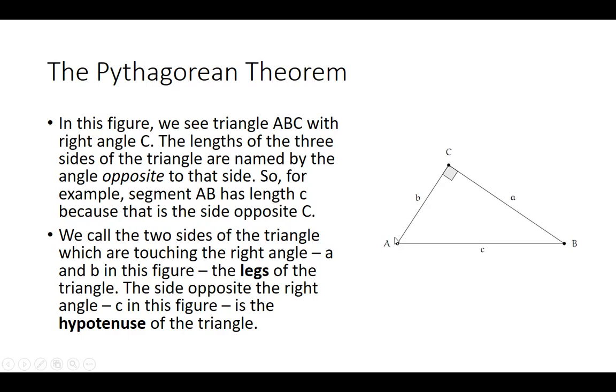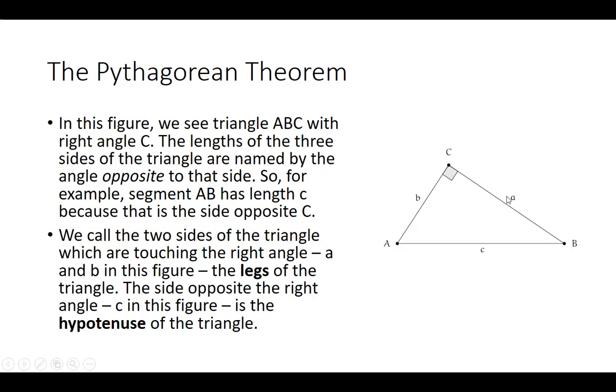Or instead of side B, we can call it segment AC with length B. Or we can call it segment AB instead of side C with length C, opposite angle C. We call the two sides of the triangle which are touching the right angle the legs of the triangle.